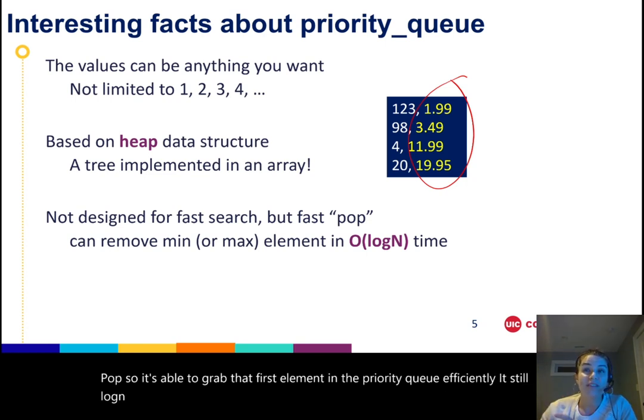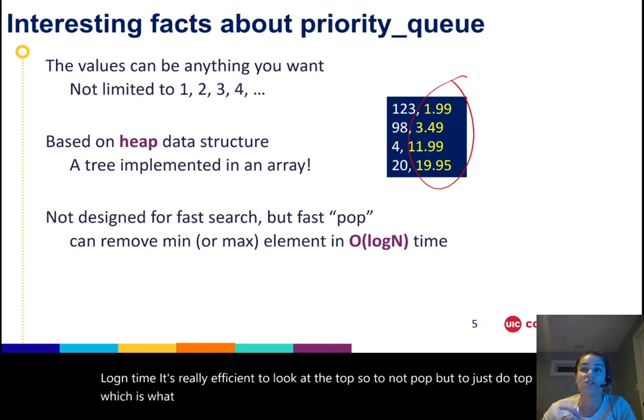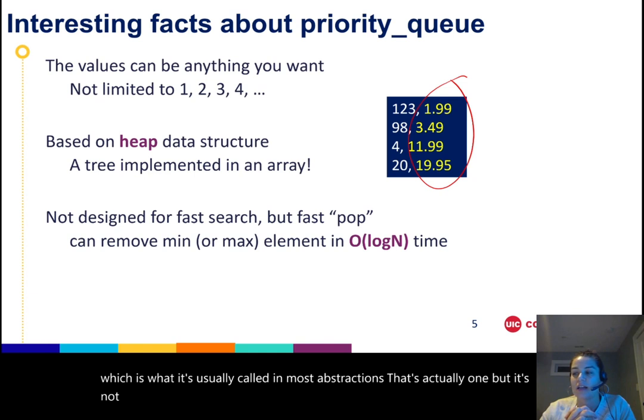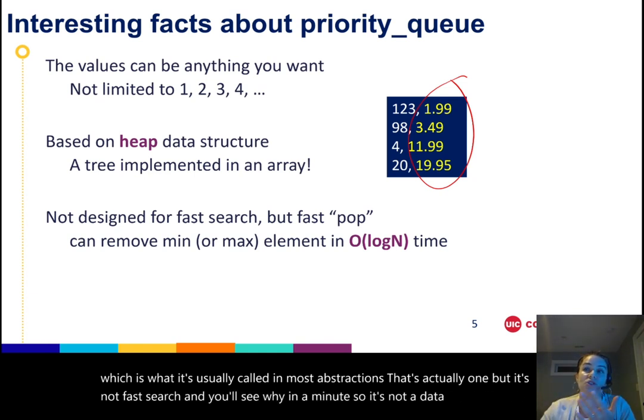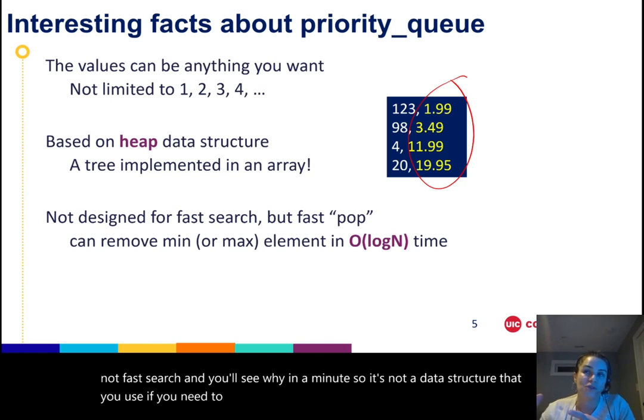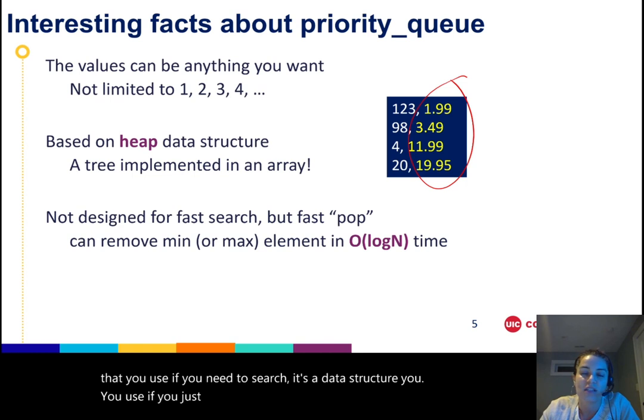It's also really efficient to look at the top, so not to pop, but to just do top, which is what it's usually called in most abstractions. That's actually O(1), but it's not fast search, and you'll see why in a minute. So it's not a data structure that you use if you need to search. It's a data structure you use if you just need that first item in the list.